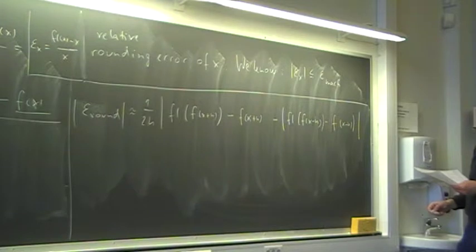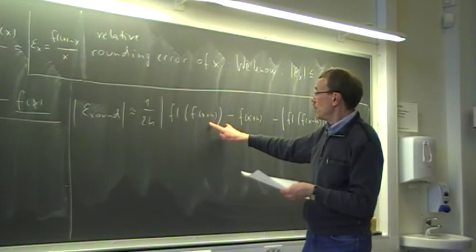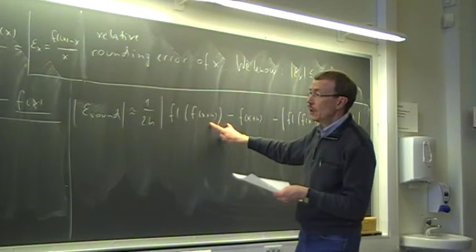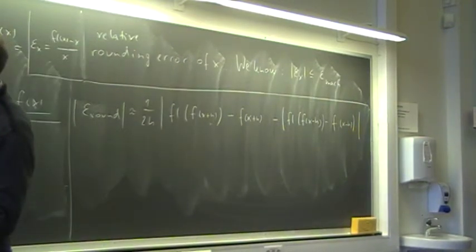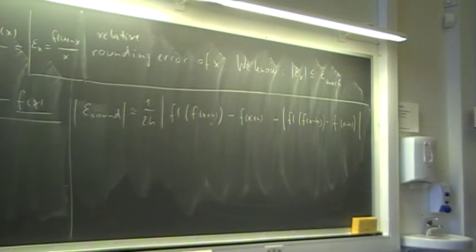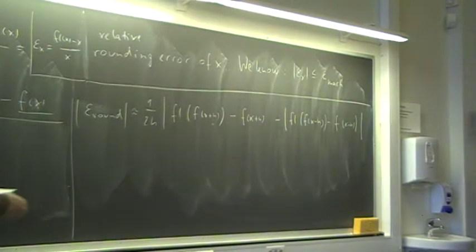And now we use what we have been doing here. So here we have the floating point error, and then we can use the formula that we have derived here, that we can represent this as the relative error of the function times the function that we want to represent.